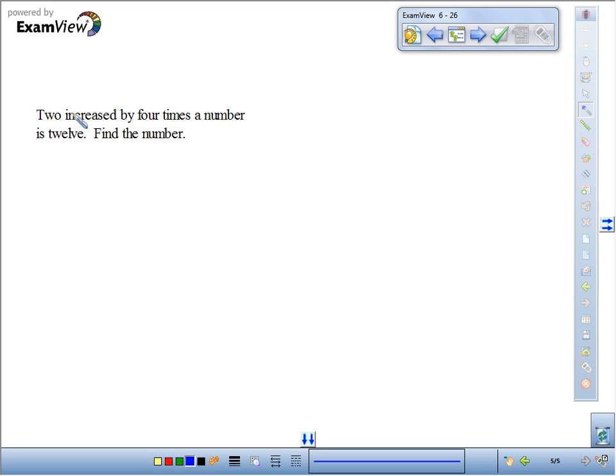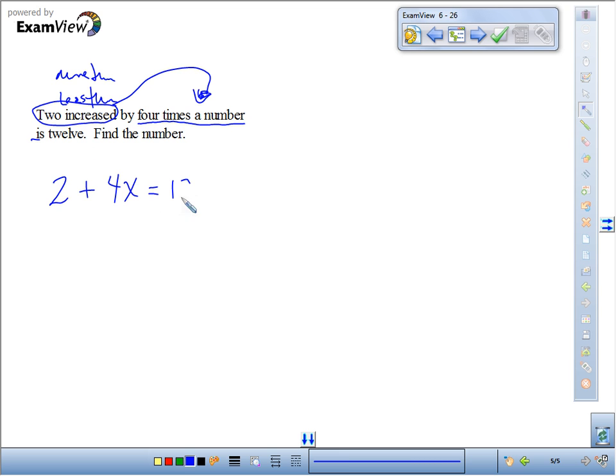I said earlier, if this says less than or more than, we write this after the variable, right? However, this one we can actually write as is. 2 increased, how can we write that? 2 plus. How can we represent this one? 4 times a number. 4x. Is means what? Equal 12.